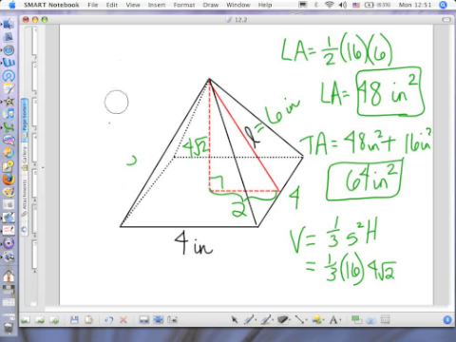So you are going to multiply out 16 times 4 times the square root of 2 divided by 3. That's the volume. And volume is always cubed, because we multiplied area, which was inches squared, times height, which was inches. And inches squared times inches gives you inches cubed.